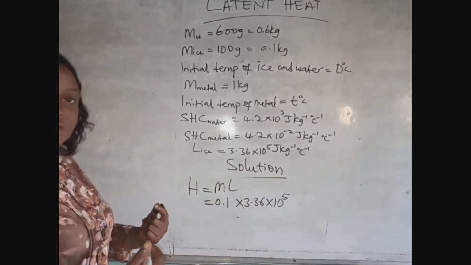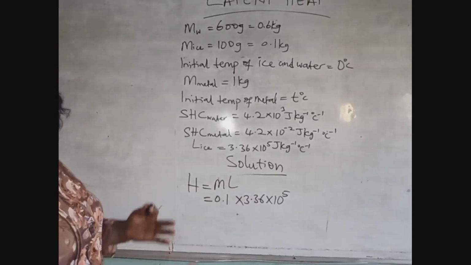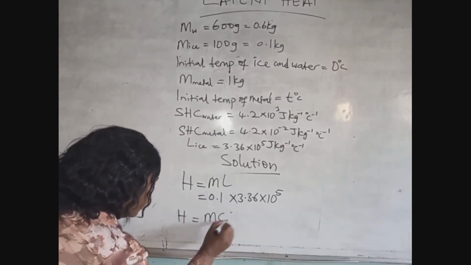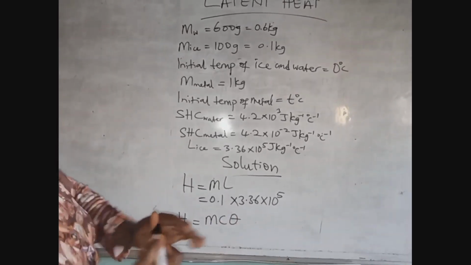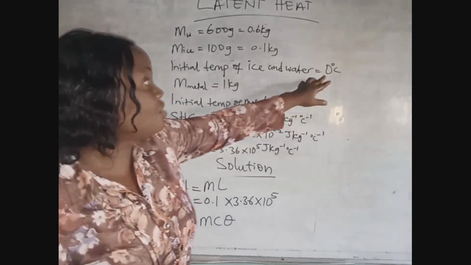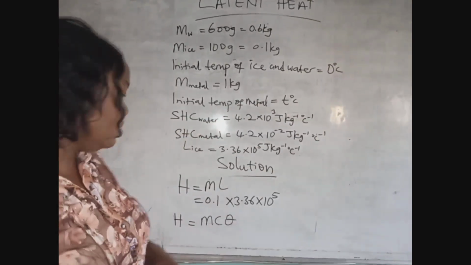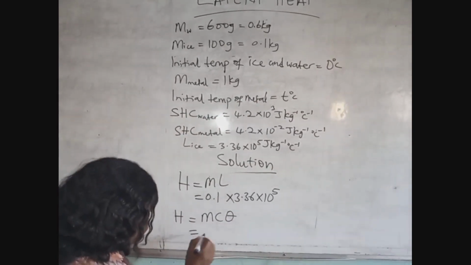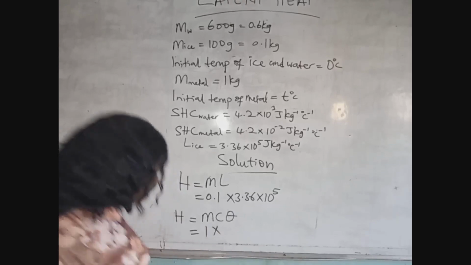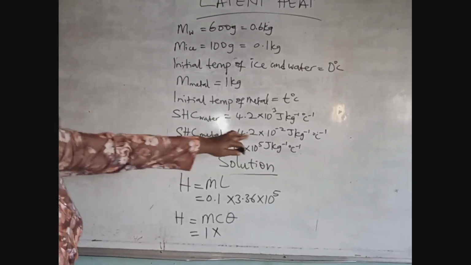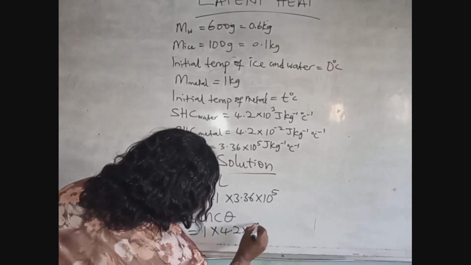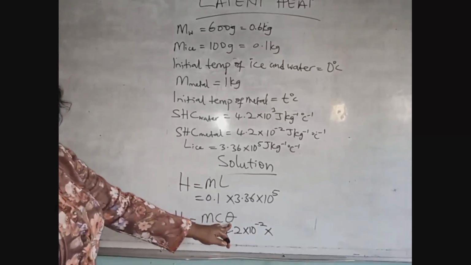Let's now find out the quantity of heat given out by the hot metal. The quantity of heat given out by the hot metal is given as mc theta. Remember, this is the initial temperature of the metal, and the final temperature of the mixture is 0 degrees Celsius. Is that okay? Now, the mass of the metal is 1 kg, and the specific heat capacity of the metal is given as 4.2 times 10 raised to power minus 2, times the temperature change.